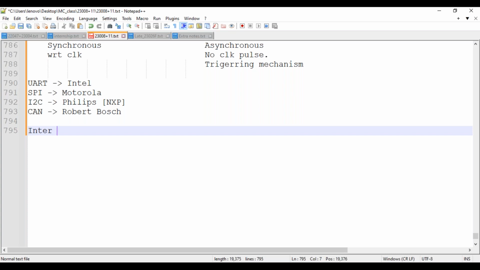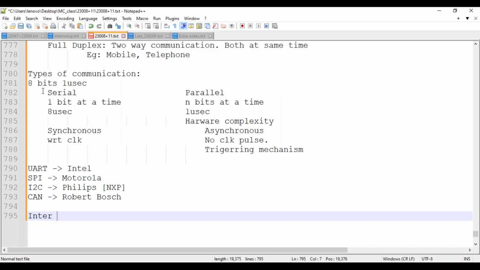Moving ahead, the next is a small topic called inter-board communication protocol and intra-board. Why is serial used more widely even though it takes more time? As I said, the advantage of serial communication is that the hardware complexity is really less.